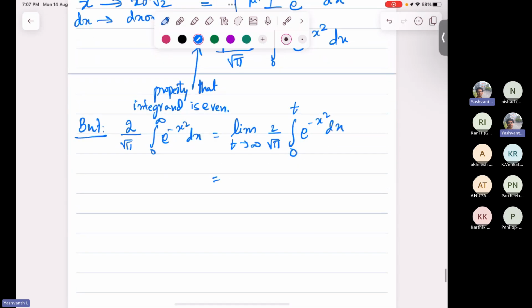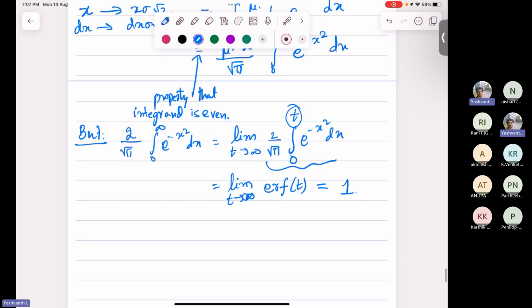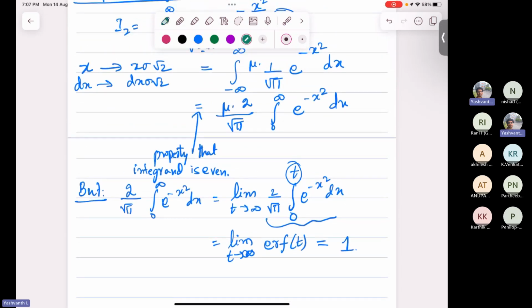This expression is also called the error function, erf, at the upper limit t. If you go to the numerical solution, this becomes 1. That means this quantity equals 1.